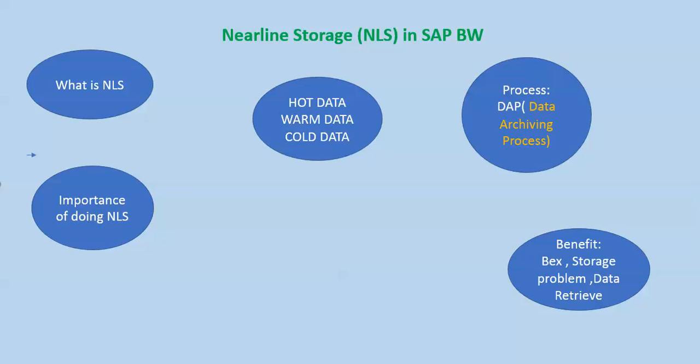You cannot keep a lot of data in the DSOs or cubes, otherwise it will hamper the performance of your system. Those are older data. You should put them in some other system, so your day-to-day system stays fine and the performance is good. So NLS is the concept where we transfer the older data to some other database.